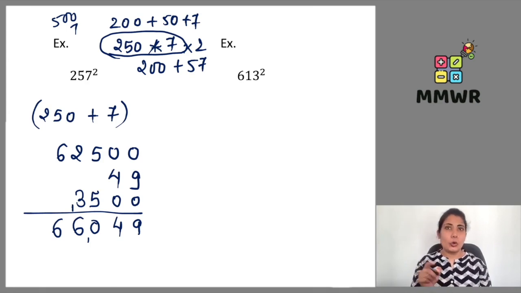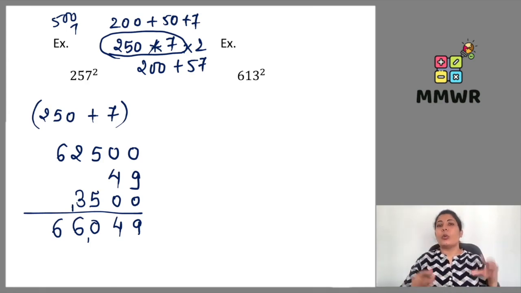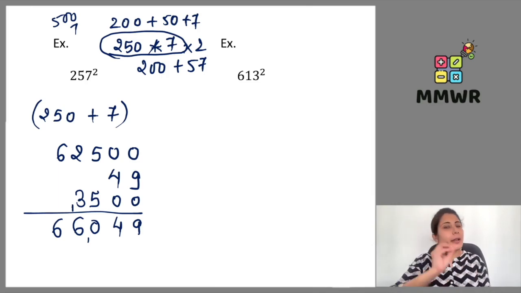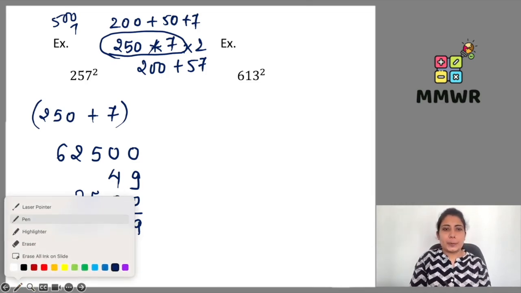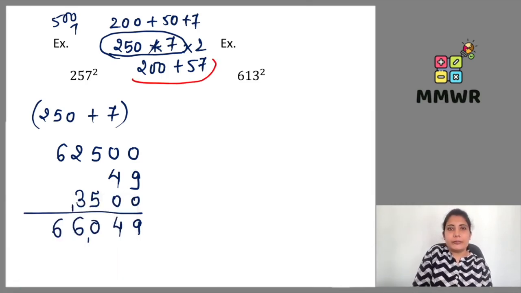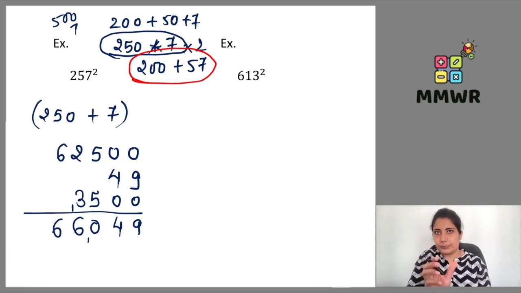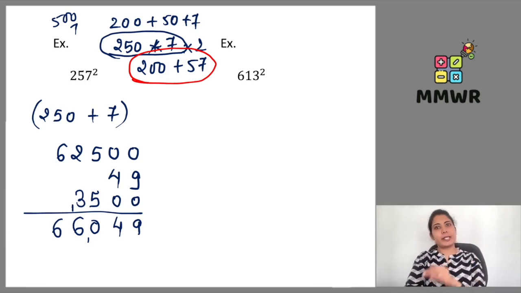66,049. I hope you understood this in detail, that why we didn't opt for 200 plus 57. If we try to write this 257 as 200 plus 57, then it will be really very complicated for us, because we don't know the square of 57.